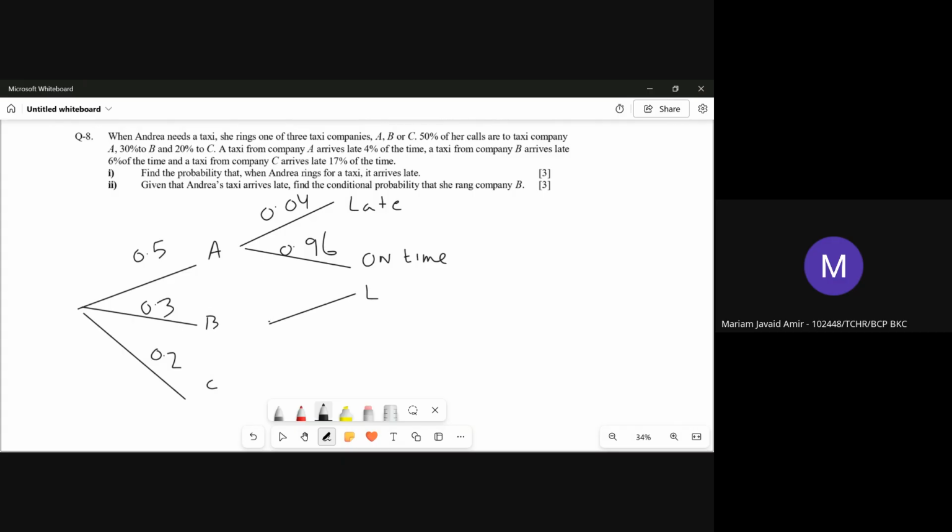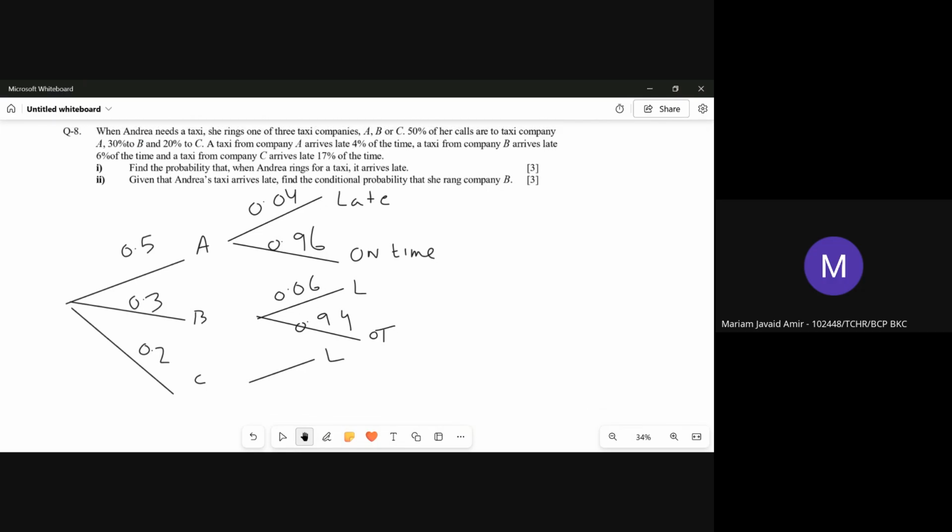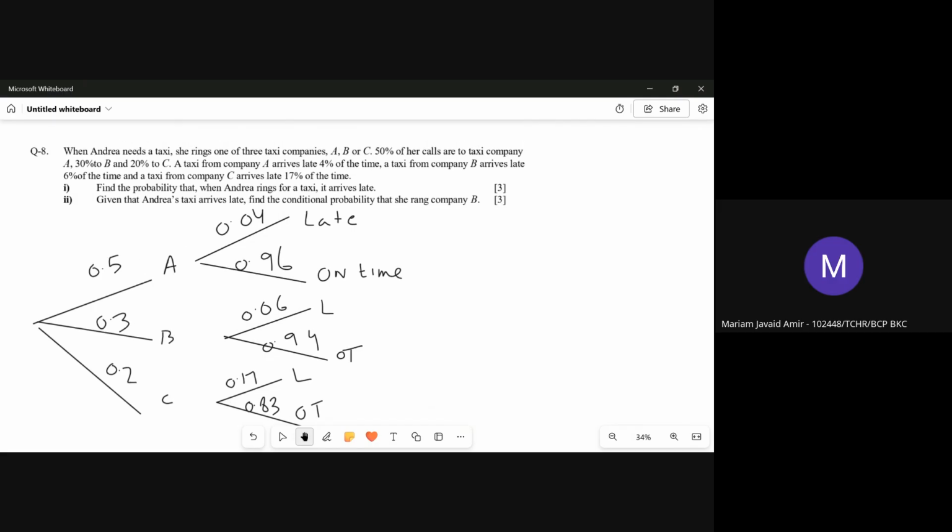So late and on time would be 0.06 and 0.94. And for company C, late arrival is 17% of the time. So 0.17 and timely arrivals would be then 83%, so 0.83. Okay, this is the tree diagram.